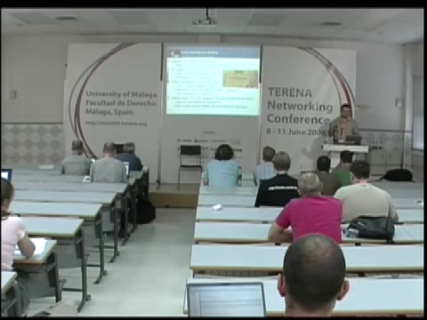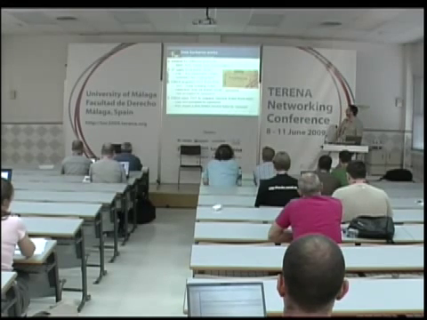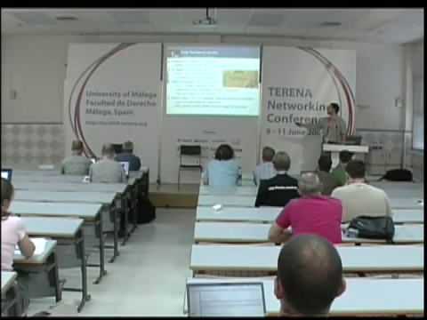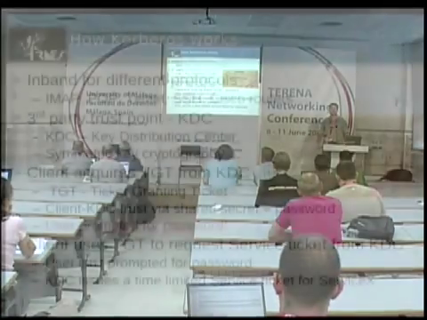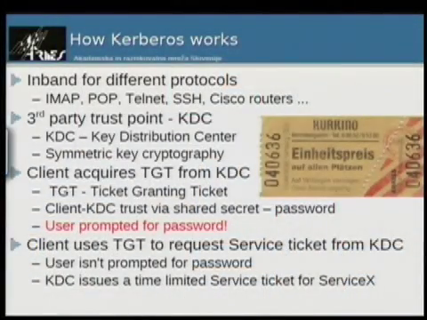Kerberos is using tickets. Kerberos uses a third-party trust point, also called the KDC, Key Distribution Center. This is the Kerberos server, as it's usually called. And the core technology used in the Kerberos protocol is symmetric cryptography.